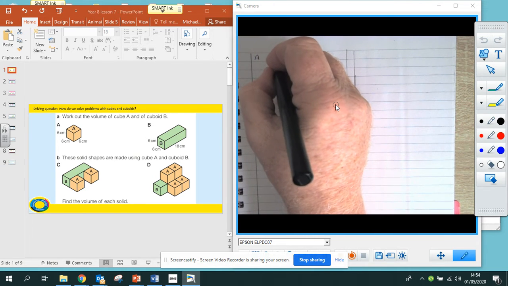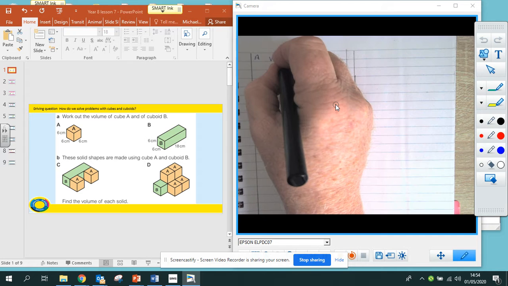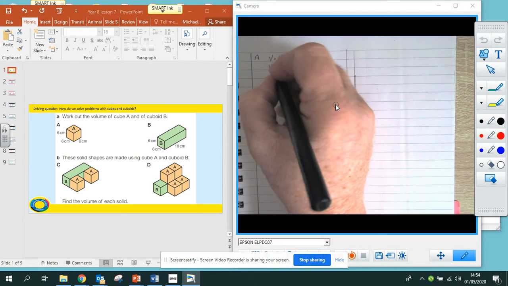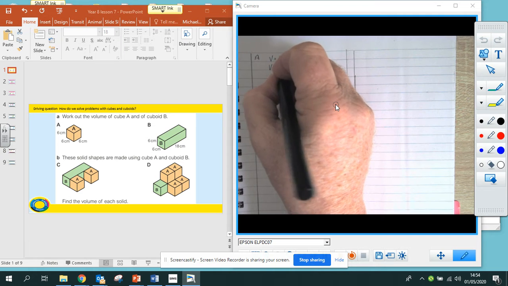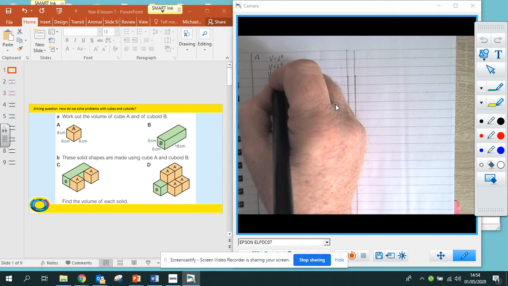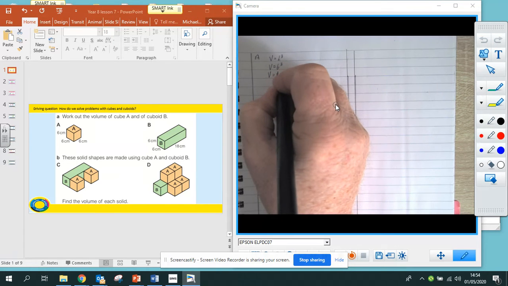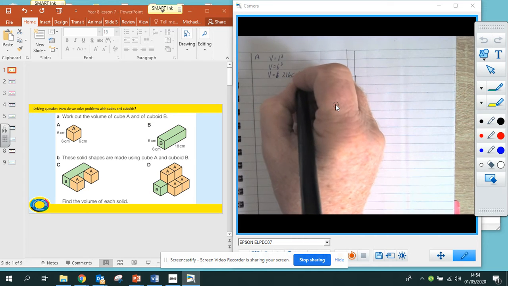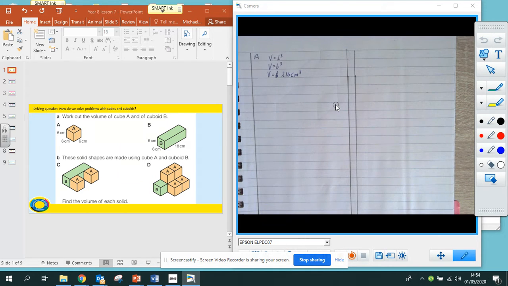The volume equals the length cubed because it's a cube, so the volume is going to equal 6 cubed. 6 times 6 times 6, which is 6 cubed, is 216 cubic centimeters. Remember, you've got to write cubic centimeters. It's a very important part of the answer. Make certain that you've done it.